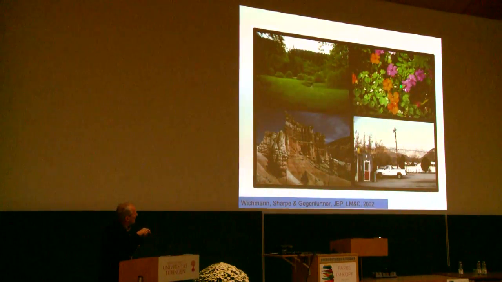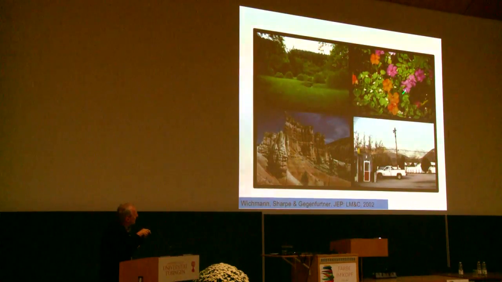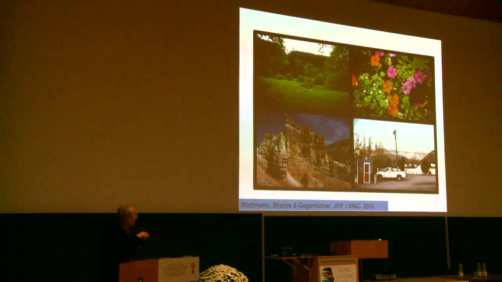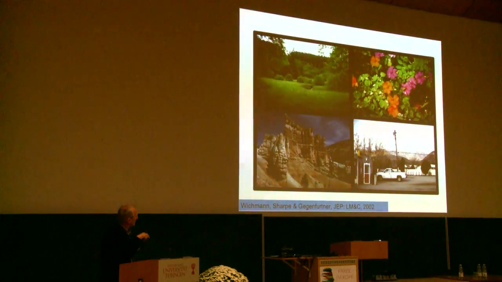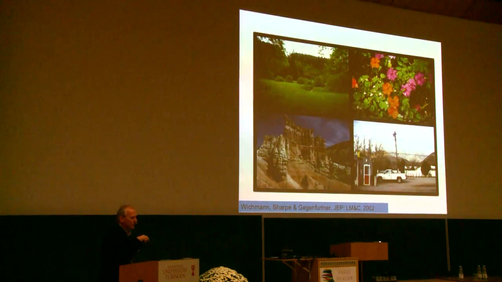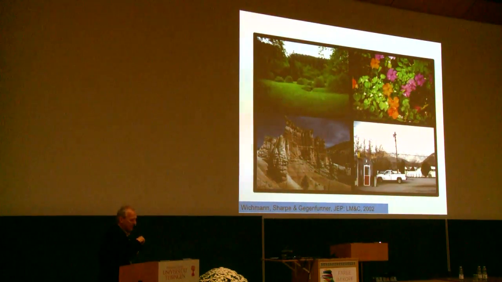The second category was these flower images, which had many different colors in them, with flowers and leaves. The third category was these rock landscapes from the southwest of the USA, and they were mainly reddish brownish, but had many different shapes. And then the fourth category was just snapshots including man-made objects.